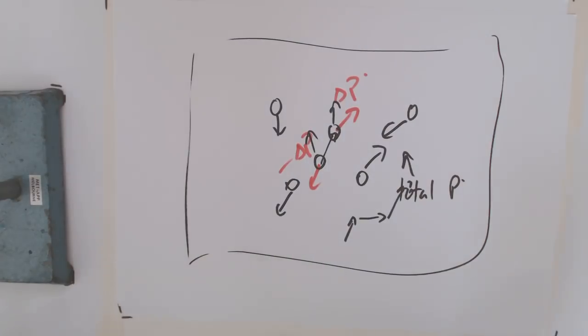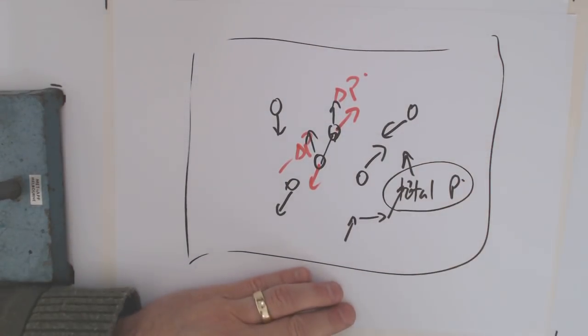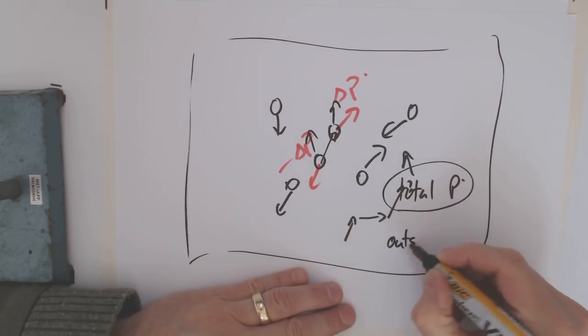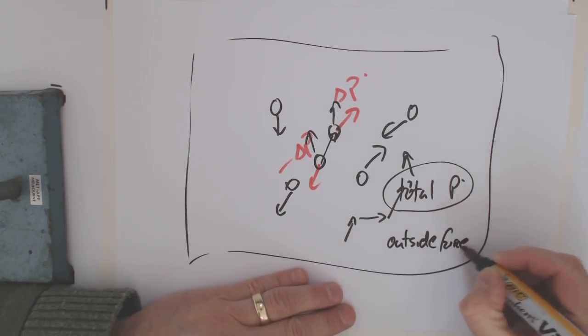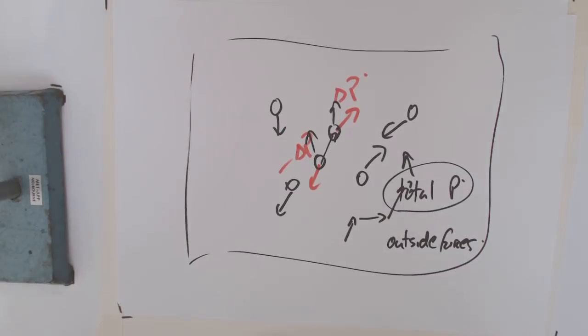And you'd end up with this overall arrow representing the total momentum, and that wouldn't change as long as there are no outside forces. So that's the interesting thing. Momentum's quite cool. What we'll do, I think, is stop that one there and do a one-dimensional example of momentum.